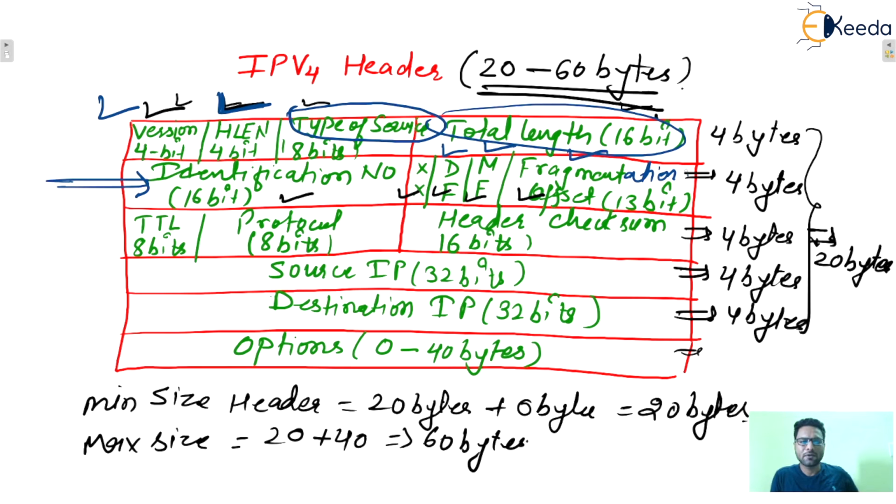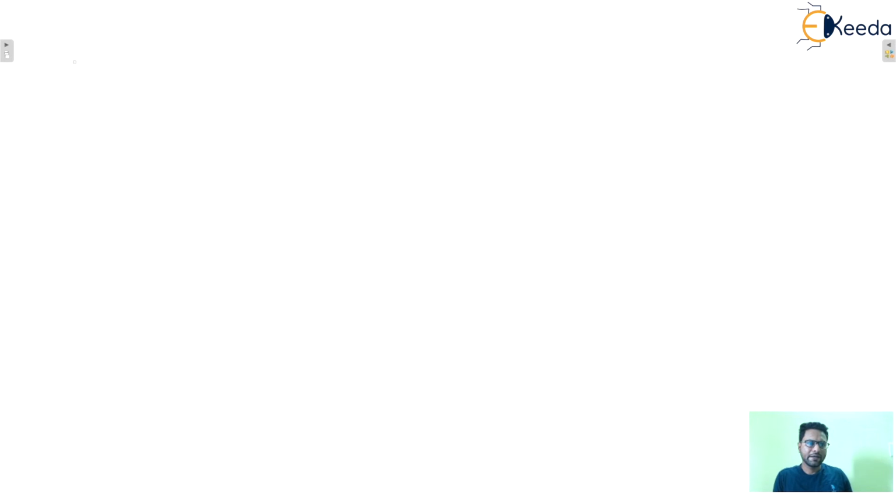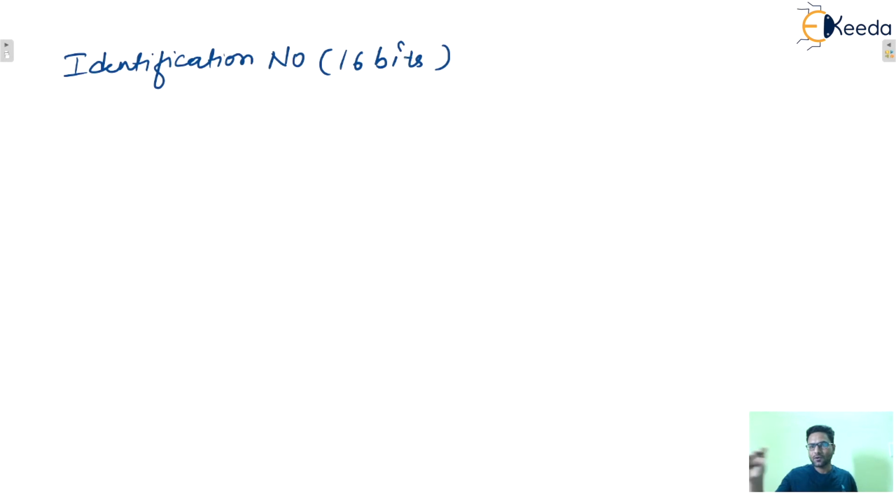So let us discuss this second row of this particular header. The identification number is of 16 bits. Be careful, this entire second row stands for fragmentation and is very helpful during fragmentation.